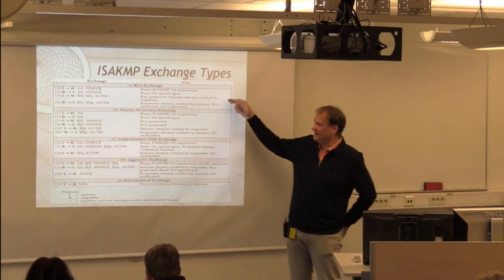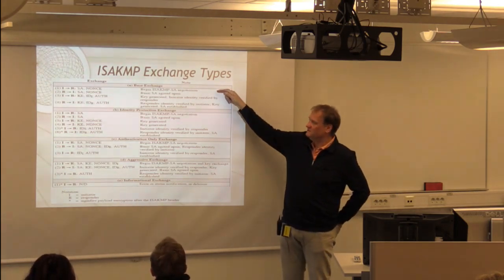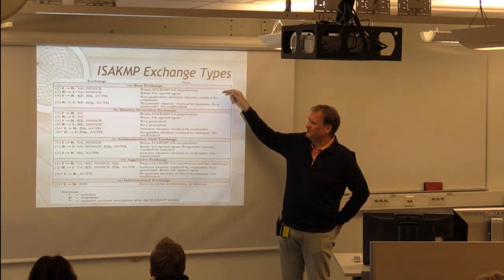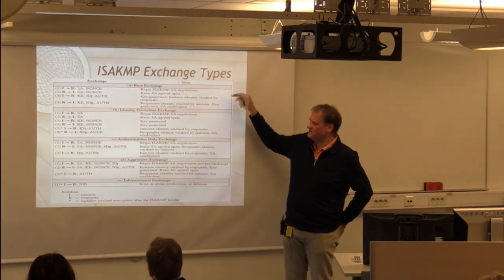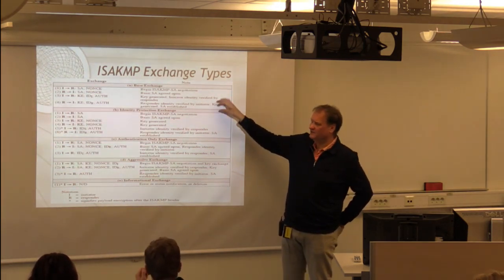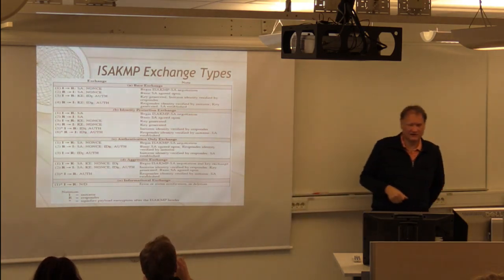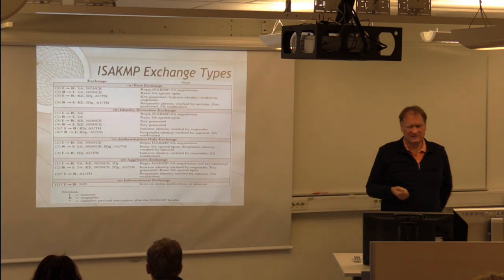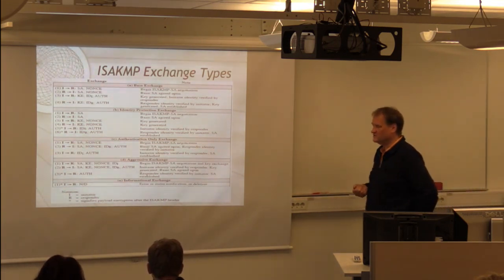In what we call a base exchange here, we start with negotiating a security association, and then we agree on some things, and then we generate keys, and then the responder responds back. So we need 4 messages here in order to negotiate one security association, based on that we already have an established phase 1 connection.